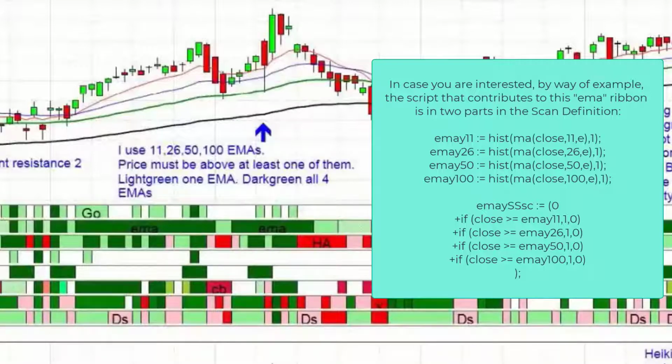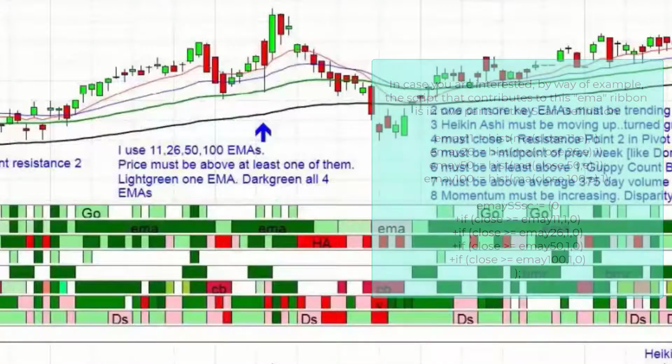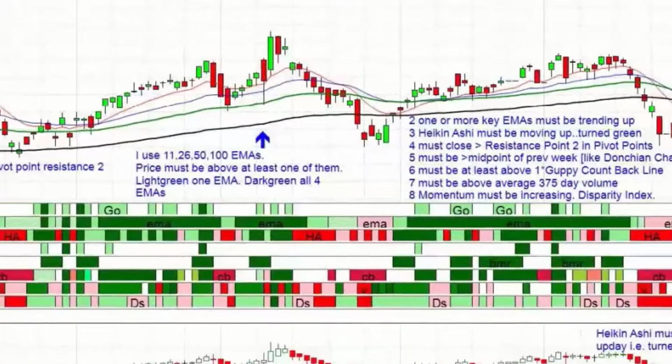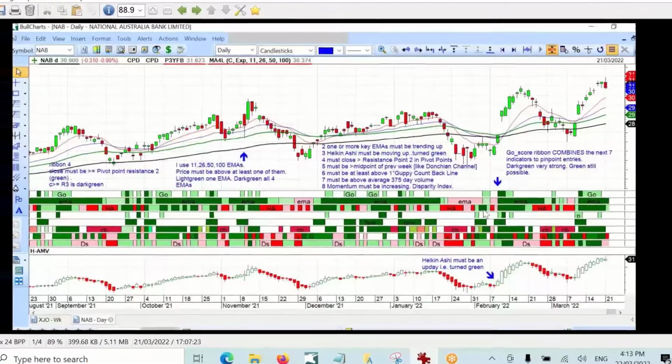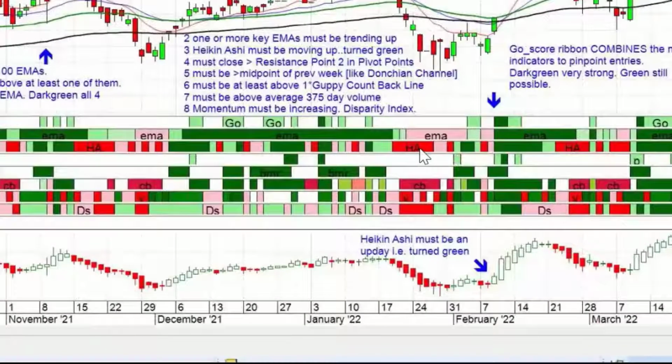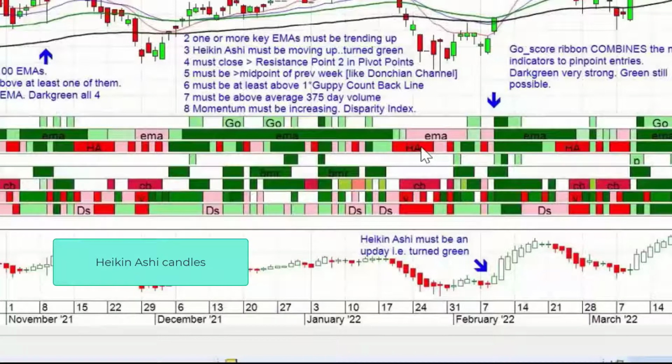And so it must be light green. It must be above one of these EMAs to be considered for inclusion in my final GoScore ribbon at the top. The next indicator down is Heiken Ashi, which Alec introduced us to a few months ago.